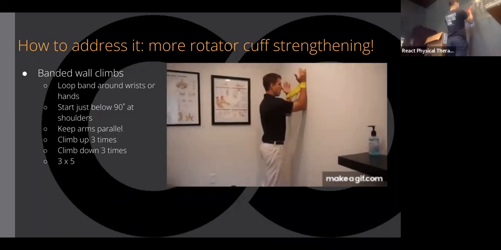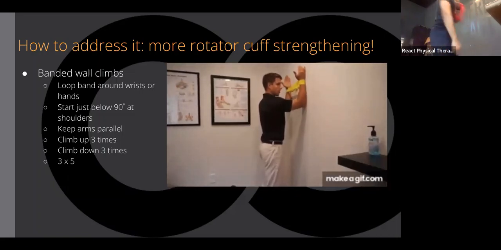If you want an extra challenge, you can do a little C with each one. So you're letting go some of the slack and then pulling it tight, kind of like this motion. Same thing. You should feel it back here, or on the shoulder blade.